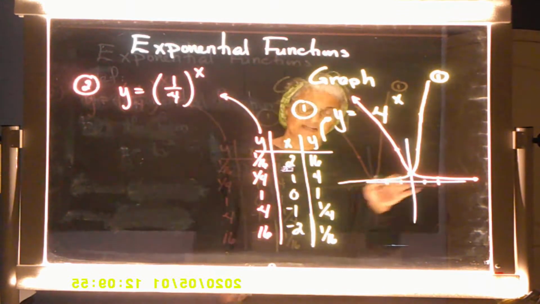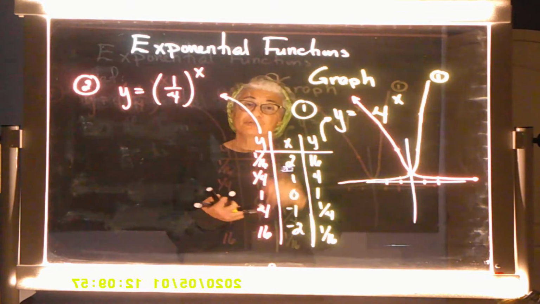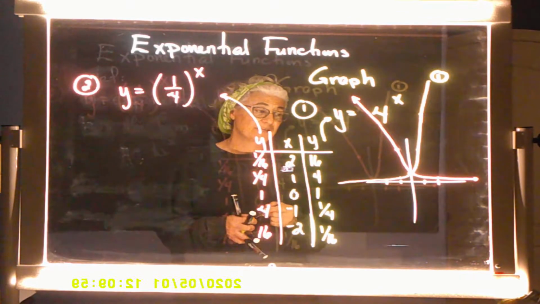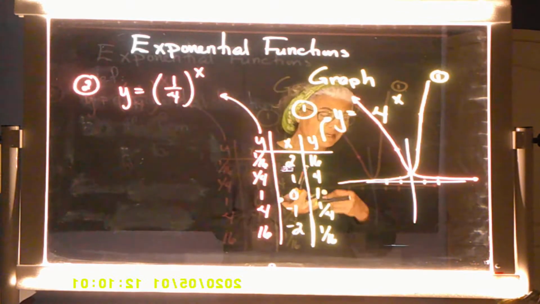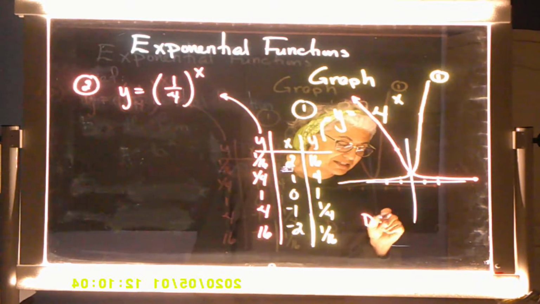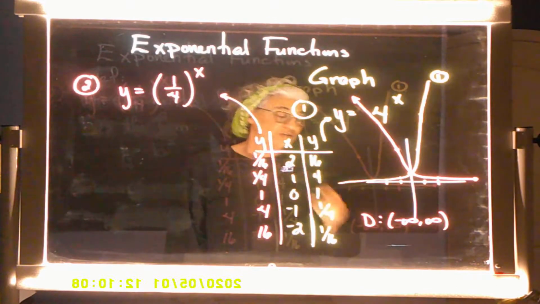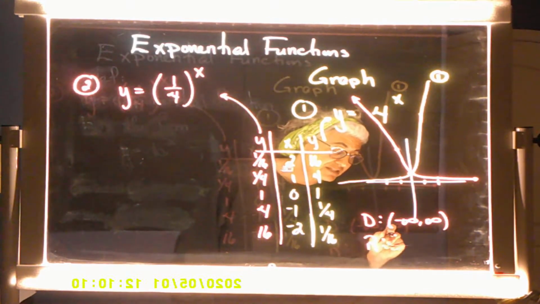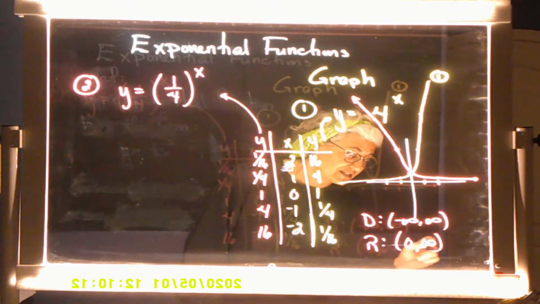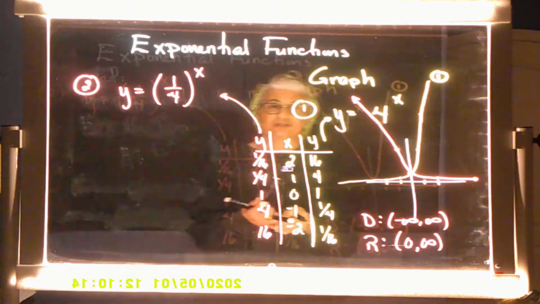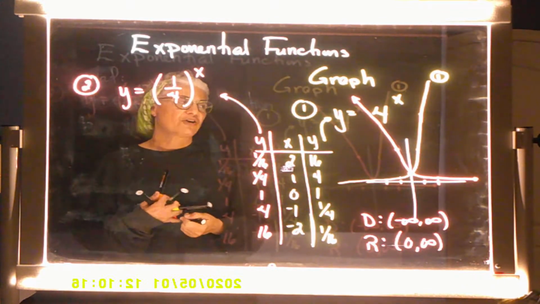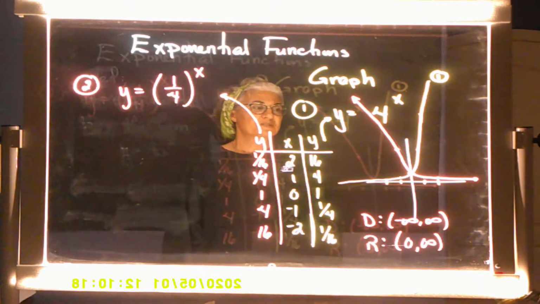It's skimming along the x-axis again. Notice the domain and the range are still the same, right? The domain is still negative infinity to positive infinity. That hasn't changed. Notice the range. The range is still 0 to infinity, excluding the 0. Are you with me?